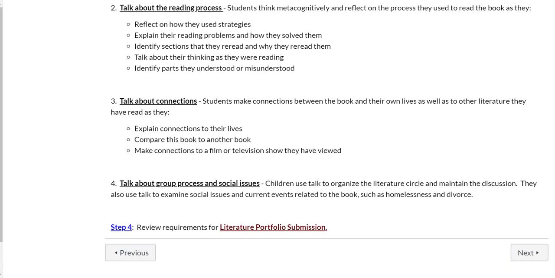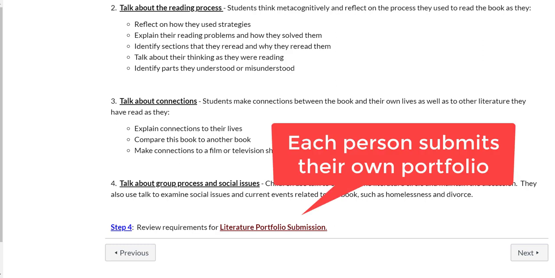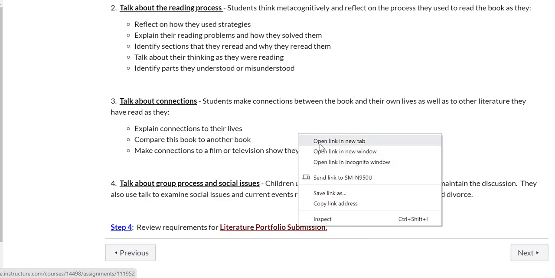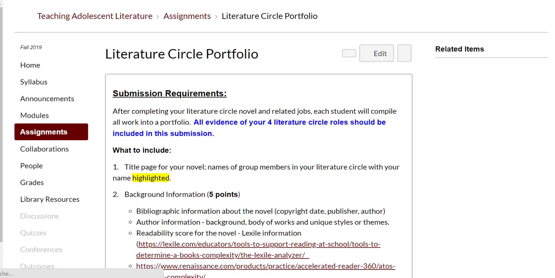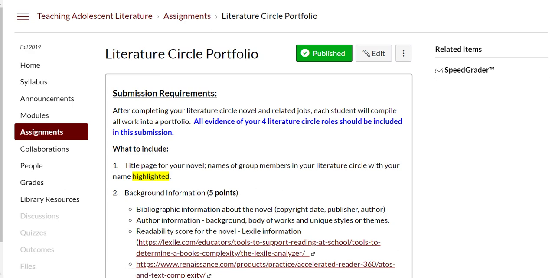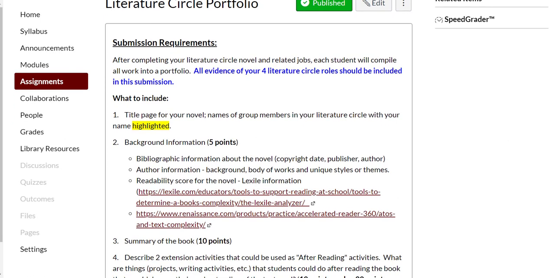And then once you have completed everything that goes along with it, all four roles, all four literature circle meetings, you're going to submit a portfolio. Let's look at that really quickly. Everyone is going to submit this individually. You can let me know when you submit who is in your group, but everybody submits their own information.